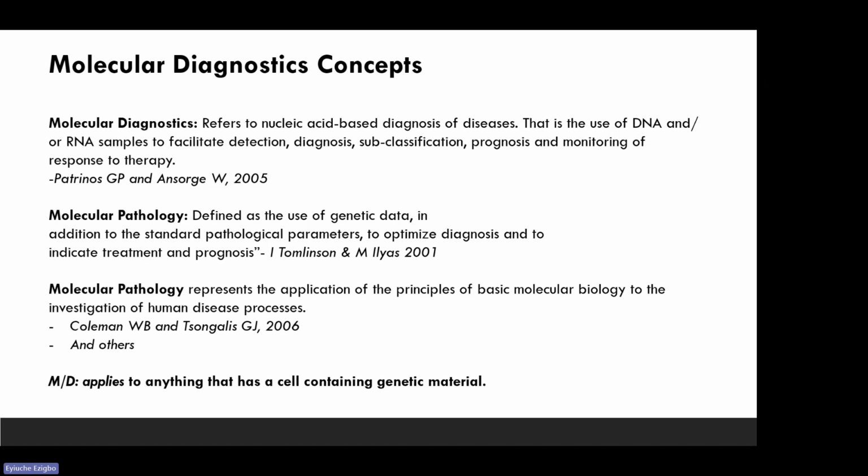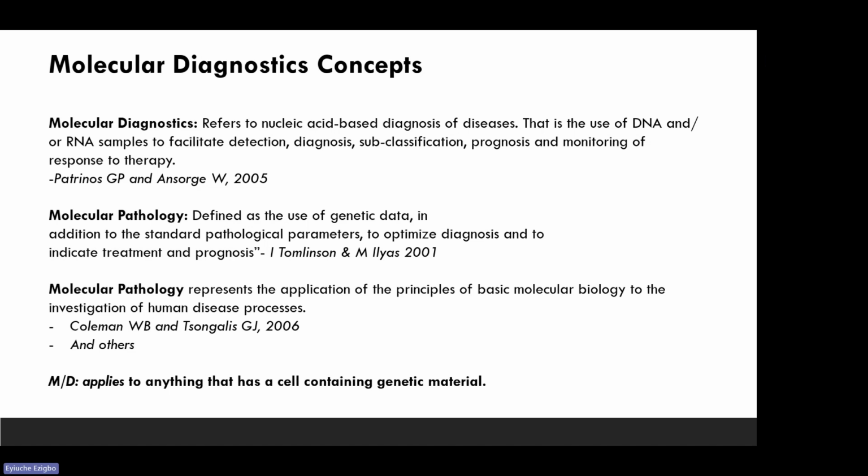Unlike our normal investigation where we use plasma or serum, the fluid portion of the blood, or some components of the blood, investigation at the molecular level entails using the DNA, the RNA, the nucleic acid to study a disease, monitor therapy, or determine prognosis.